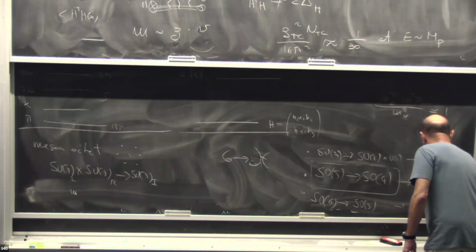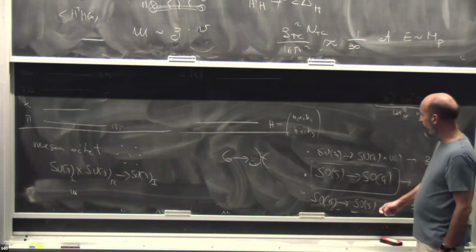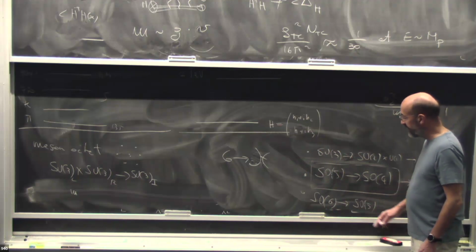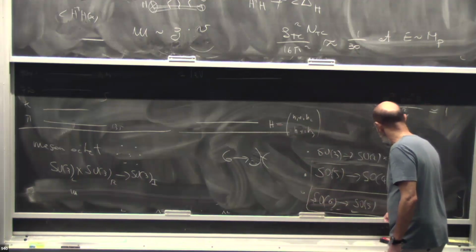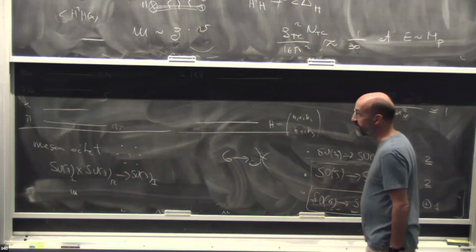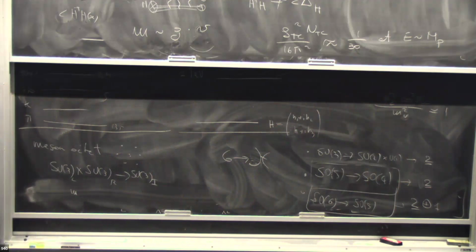This is slightly more complicated, but this also has some interest. Scenarios like this can be interesting for baryogenesis at the weak scale, for instance. Sorry, and that SO4 is precisely the custodial SO4? Yes, exactly. That's precisely the custodial SO4.